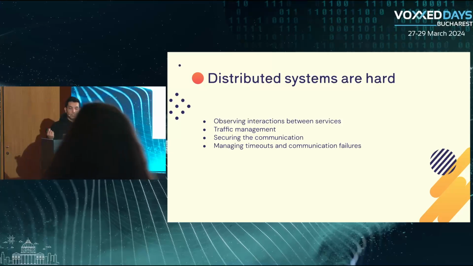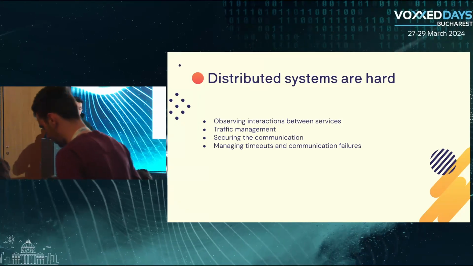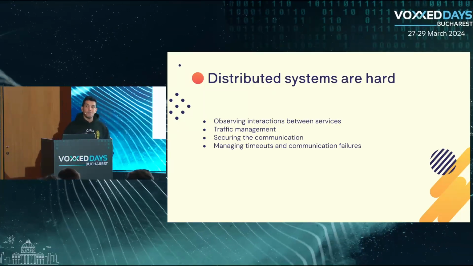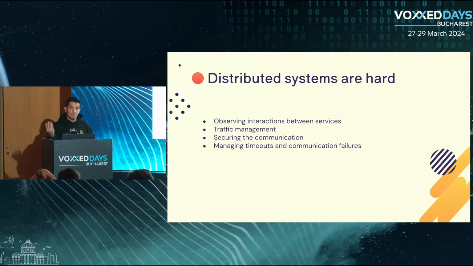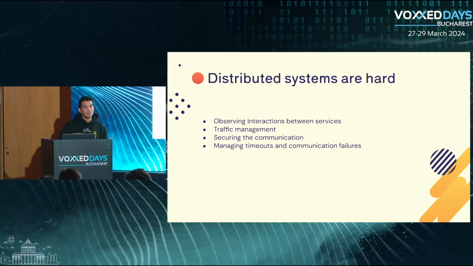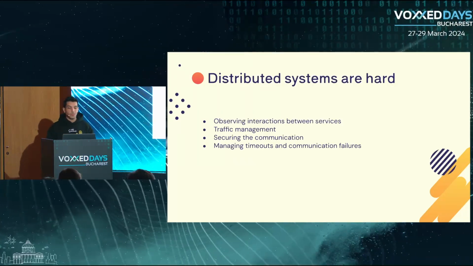But it's just to say it's becoming a lot harder. And also, because we have more services communicating through the network, we have communication failures, because it's a network and nothing is guaranteed. And then we also have timeouts when a service is slow, and probably running out of resources, and so on and so forth.